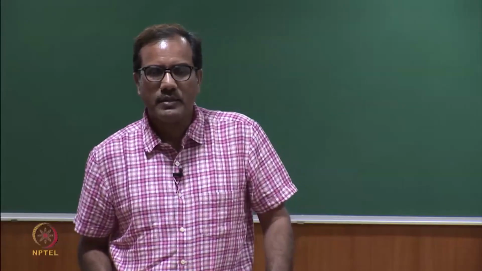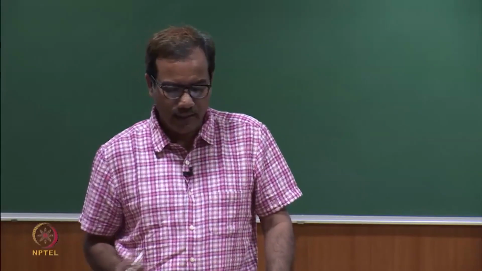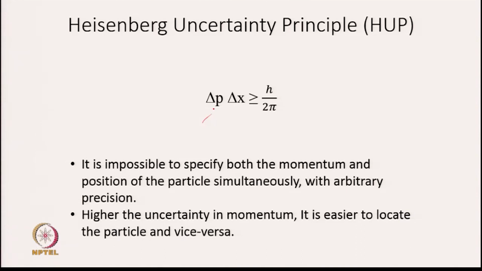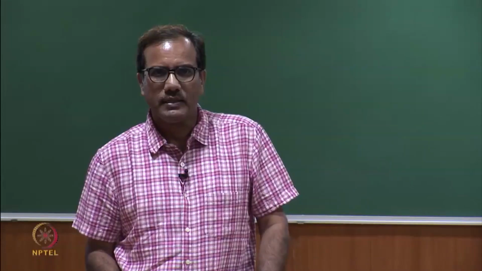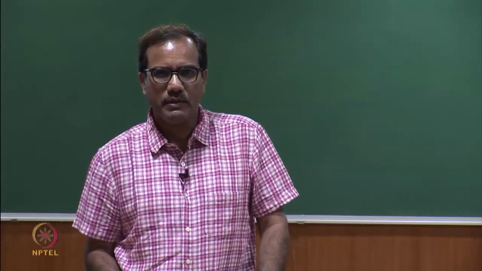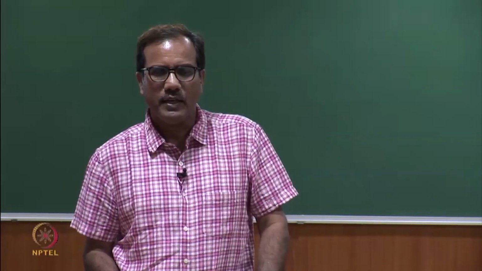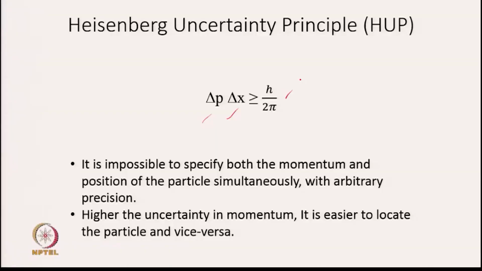The Heisenberg uncertainty principle tells you that delta p, which is your spread in p, multiplied by delta x, which is the spread in position, is greater than or equal to h by 2 pi. What that means is that it is impossible to specify both the momentum and position of a particle simultaneously with arbitrary precision.